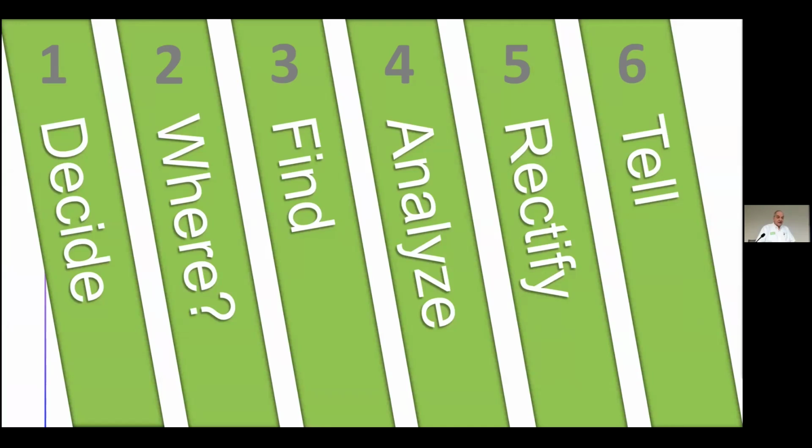You rectify it because there's always going to be conflicting information. And once you get all that done, then you tell somebody else about it. So this is going to be a 30,000-foot view of this program that I'm doing. And we're going to go over each of these steps one by one here. Each of these steps could be a class in itself, but we're going to, like I said, move pretty fast here.